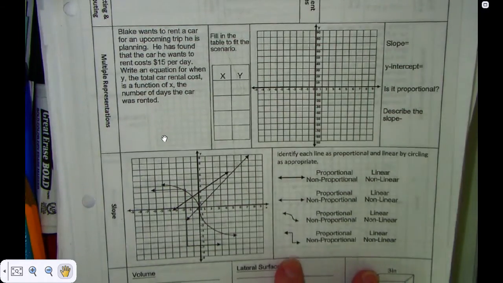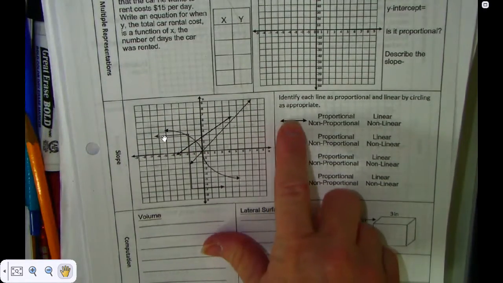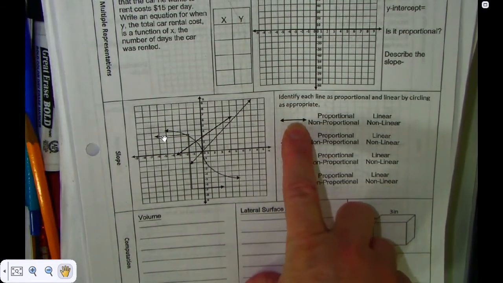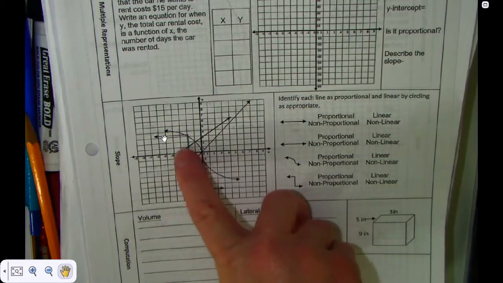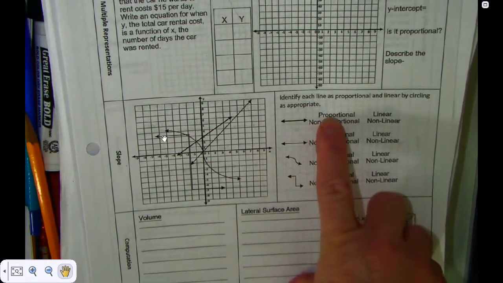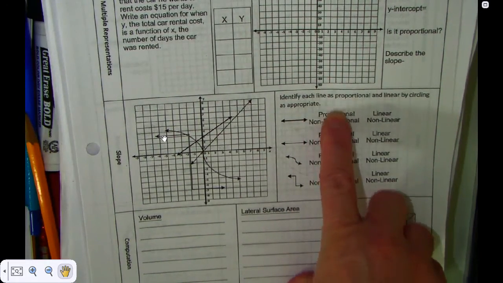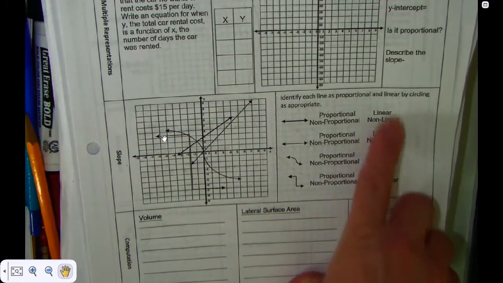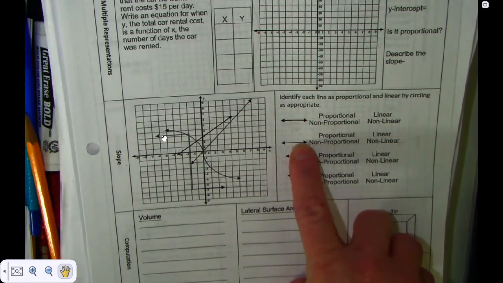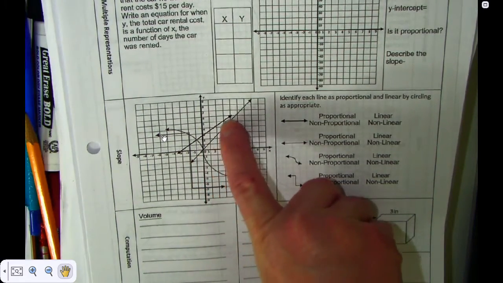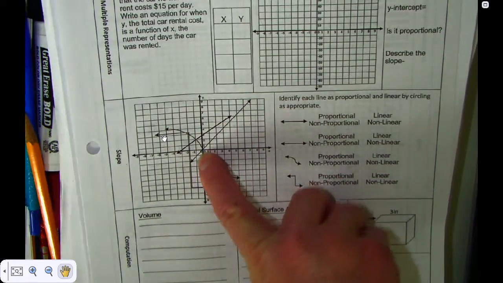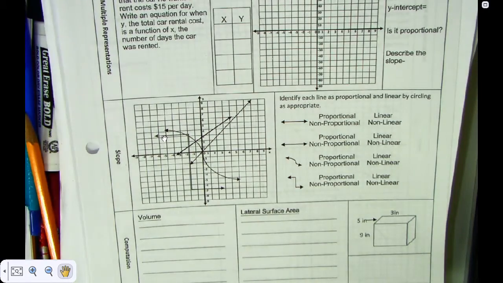I could not figure what they wanted at first, but look, do you see? You're looking right here. That's a bold line. So you go find the bold line over here, and you answer: is it proportional or non-proportional? You circle one of those, and then you circle whether it's linear or non-linear. And then the lighter line. That's this one right here. That's a little bit thinner.